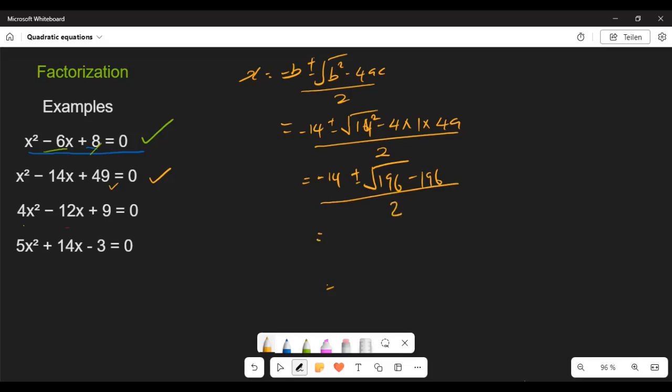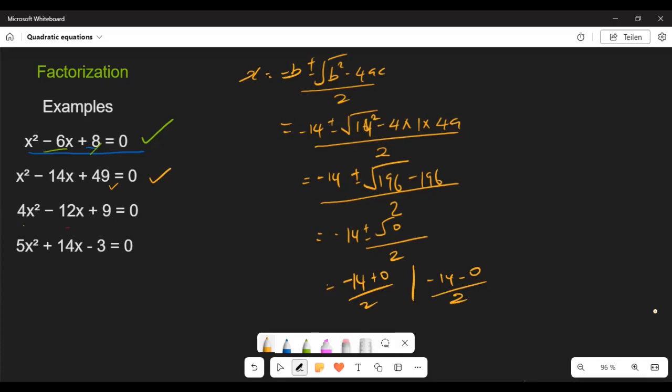So what we're going to have here is 0. We're going to have minus 14 plus or minus the square root of 0, over 2. After that, we remain with minus 14 plus 0 over 2, or minus 14 minus 0 over 2, which is actually the same.